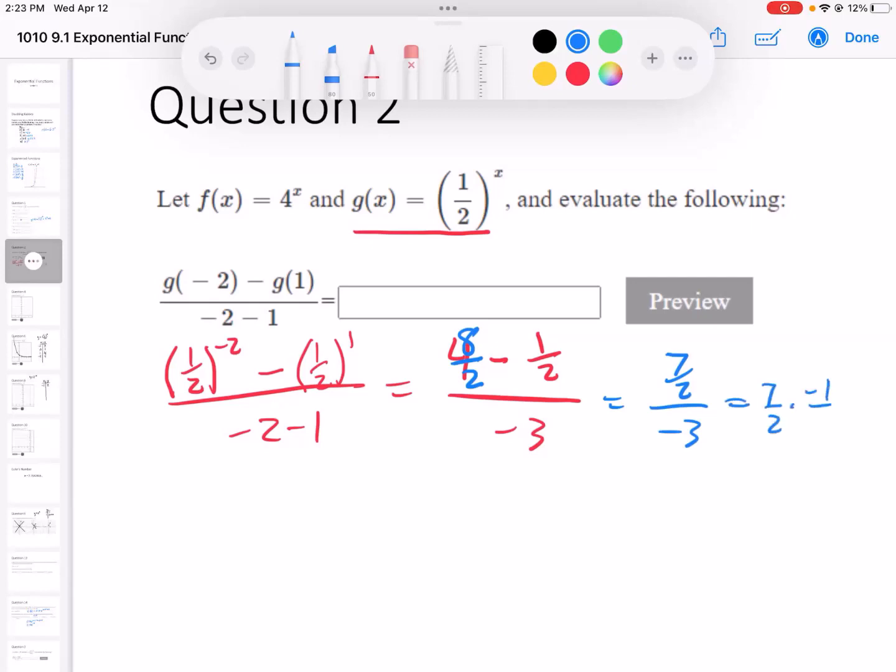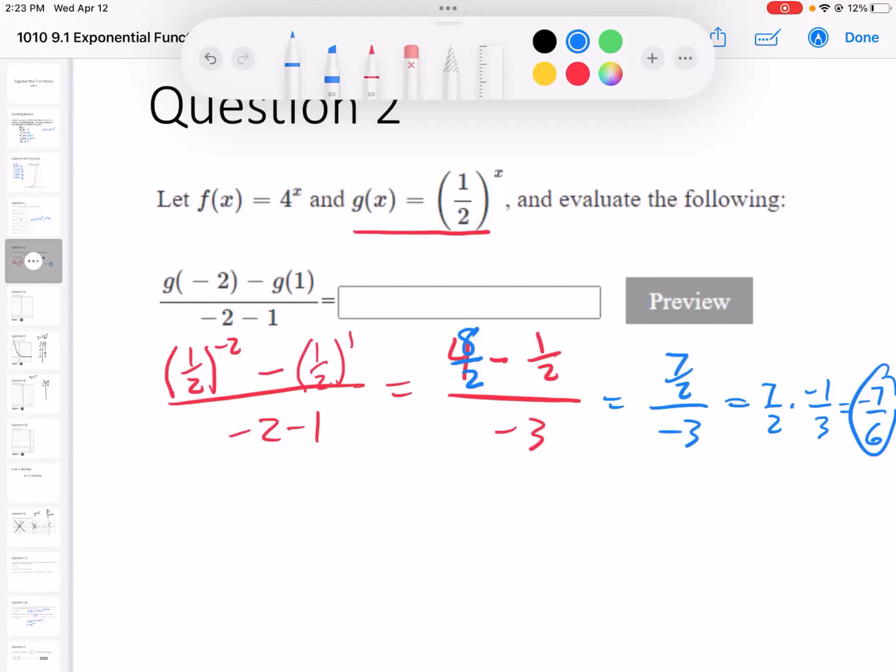So you could think about this as 7/2 times -1/3, which would be -7/6. So most of the hard work is just simplifying it. But the basic idea is you just plug in these numbers into the function.